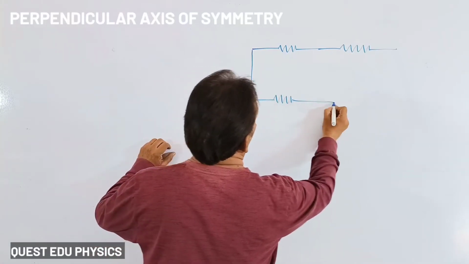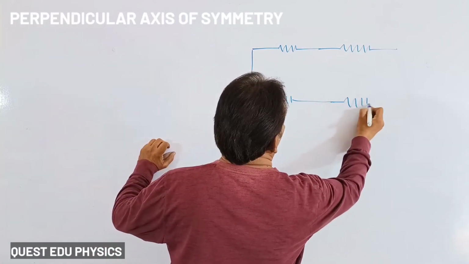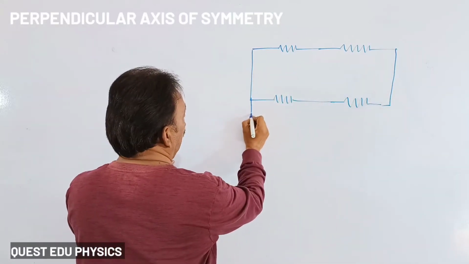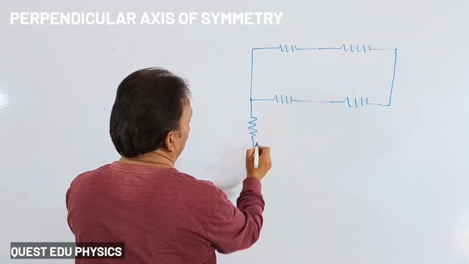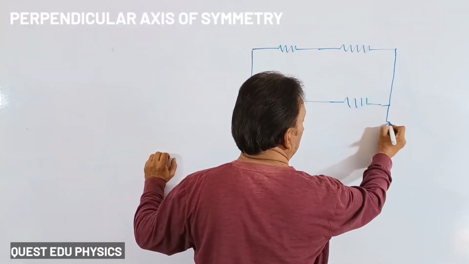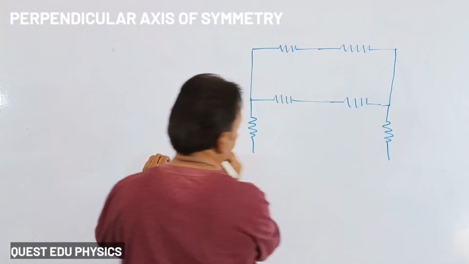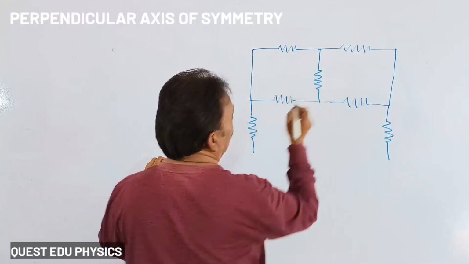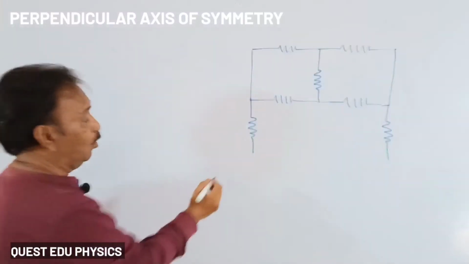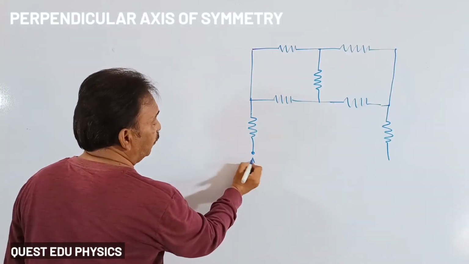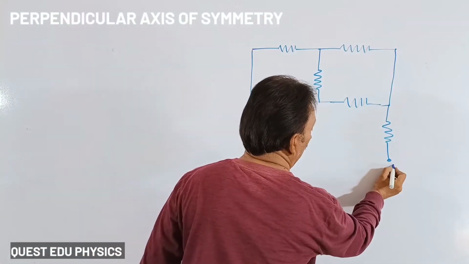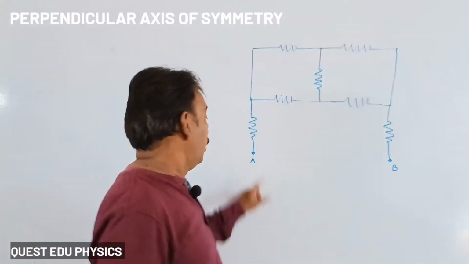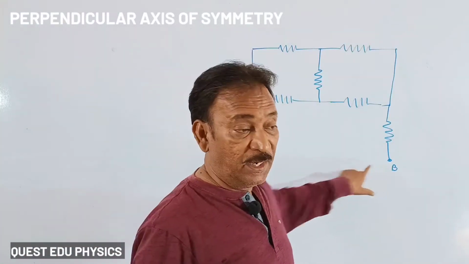They are connected like this, and they are connected with 2 more resistors like this. And in between we have a resistor. These are the 2 points: point A and point B. We have to find the effective resistance between the points A and B.